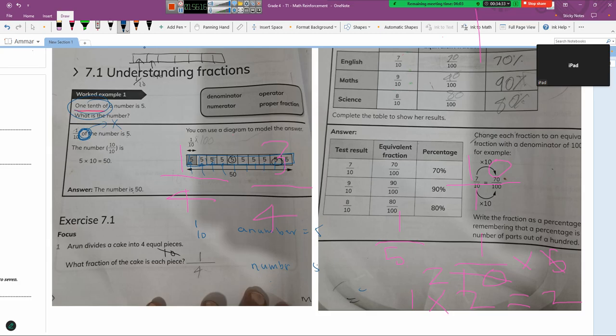So each portion of that bar weighs 5. This is actually the cell, right? This is 5, this is 5, this is 5, and all are 5. So how many 5s do we have here?